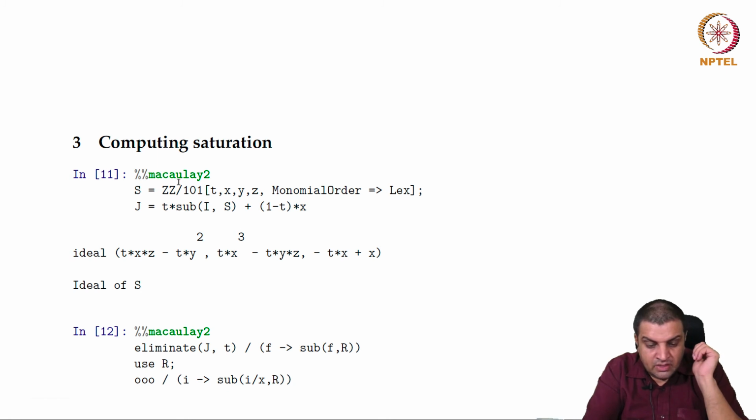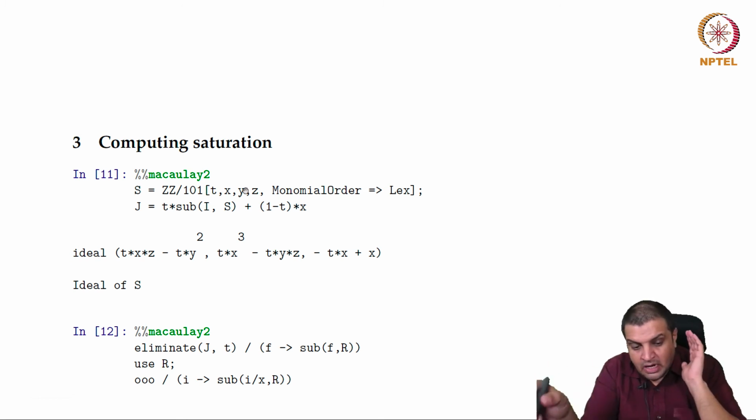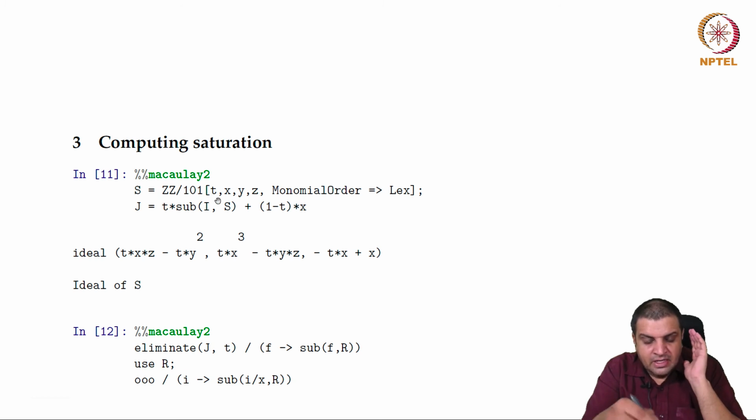If you have the same set of symbols, variables like x, y, z, in both R and S, then if you just write sub I comma S, it would extend the ideal and treat x, y, z as elements of S. Okay, so please look it up, sub is for substitute, in Macaulay2's help.